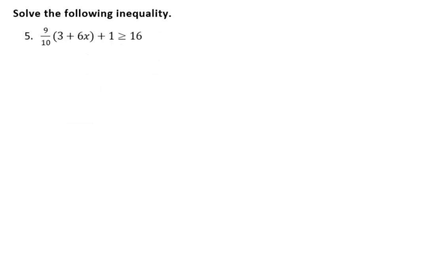All right, we have distributive property again, so we're going to distribute. 9/10 times 3 would give me 27/10. Remember, for multiplying a over b times c over d for all fractions is a times c over b times d.